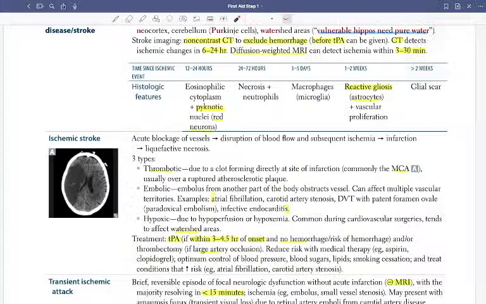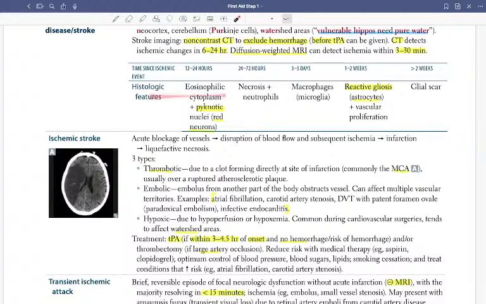Next, what do we have? Quickly we'll just go through the stroke parts. Another part is time since change.